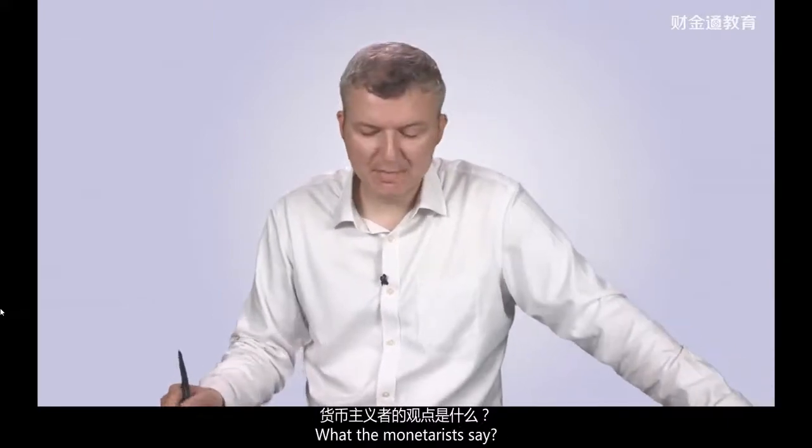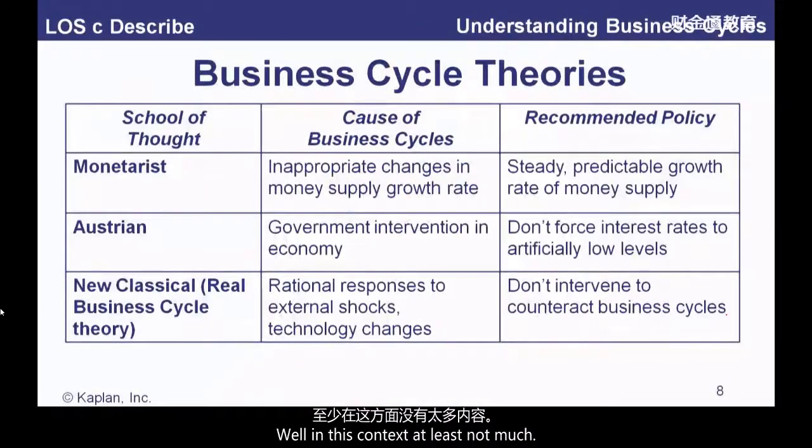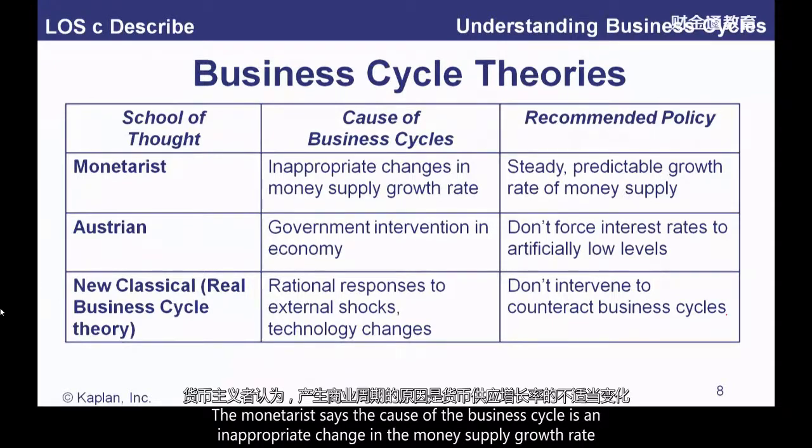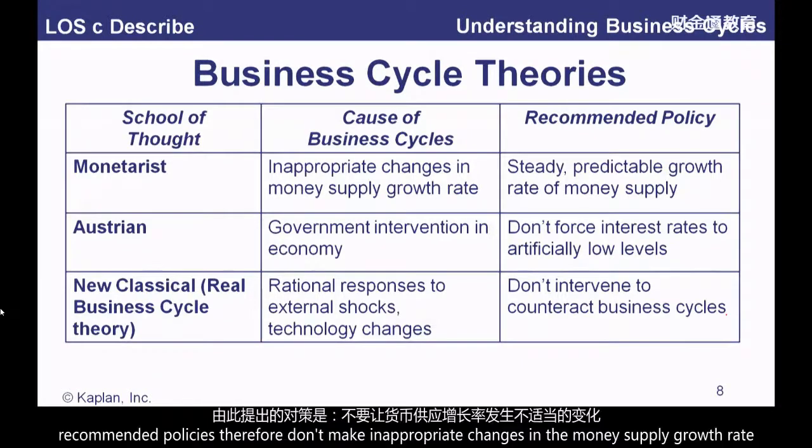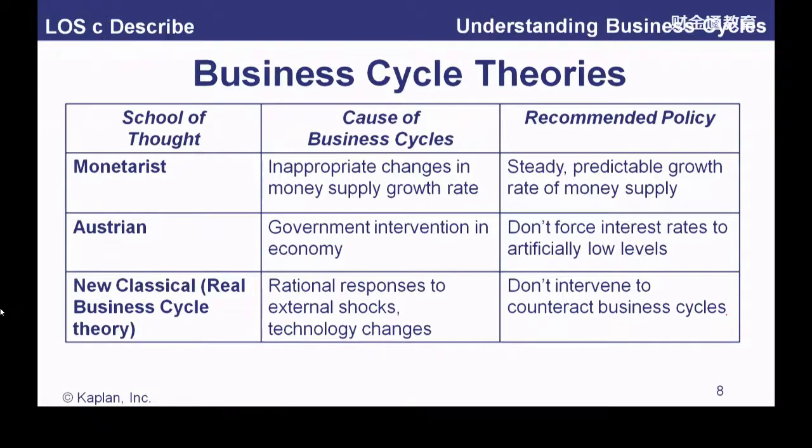monetarists. What do monetarists say? Well, in this context at least, not much. The monetarist says the cause of the business cycle is an inappropriate change in the money supply growth rate. Recommended policies, therefore, don't make inappropriate changes in the money supply growth rate. Pretty straightforward.